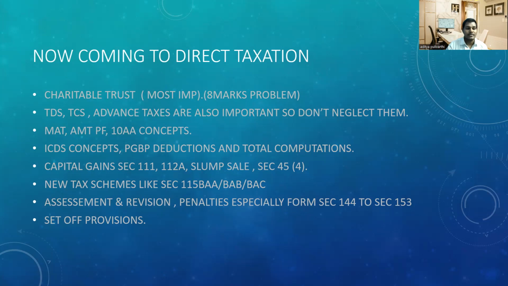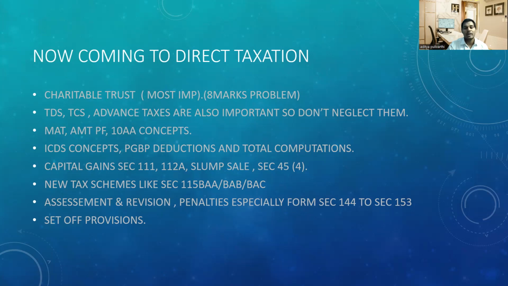Next, MAT, minimum alternative tax, alternative minimum tax. Next, 10AA concepts. Next, ICDS concepts, PGBP deductions and total computation, that is total computation sheet under PGBP. Capital gains: in capital gains, there are a lot of concepts.